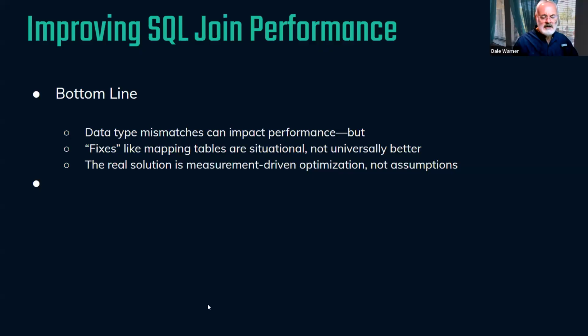If you want to try that for a particular situation you're in, if you're getting a strong recommendation that would help, you can certainly try it. It's documented, but I'll probably be modifying that document to say that it's less of a guaranteed solution. So real solution: measurement-driven optimizations.